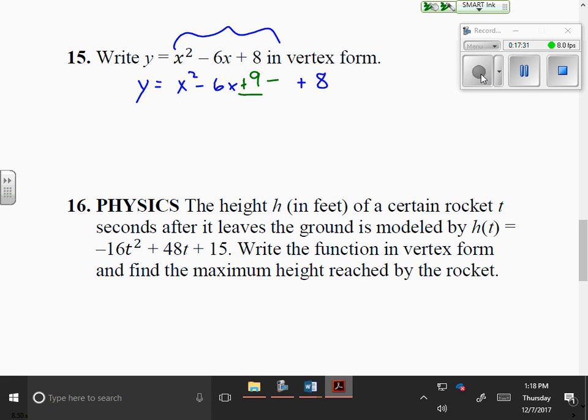We add 9, subtract 9. So these first 3 terms are our perfect square trinomial, and it factors into x minus 3 squared. This becomes negative 1. And that's in vertex form.